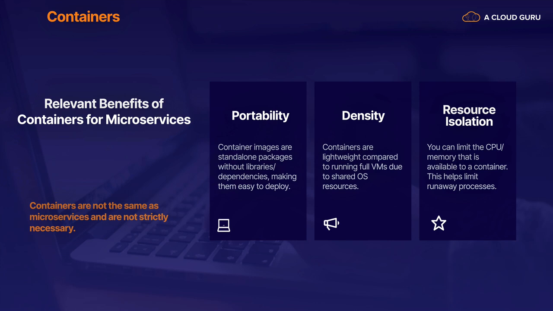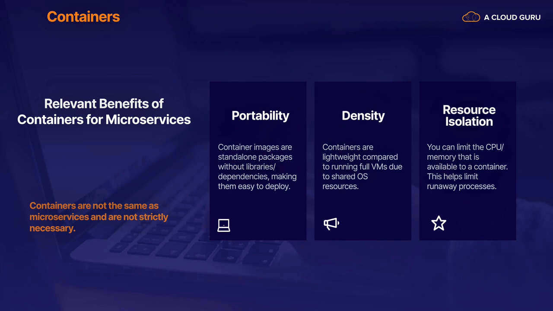And of course, functions don't require containers at all. But when looking at containers, there are a few things that make them quite useful. One, portability. Images are considered standalone packages without any libraries or dependencies, and it makes them easy to deploy. So you can have a nice, reliable structure, and that structure can be easily repeated over and over again.